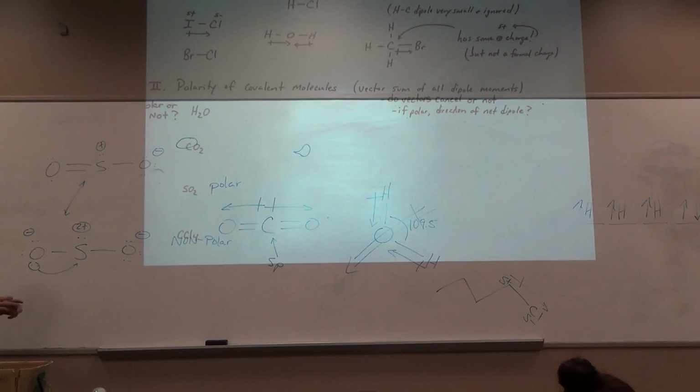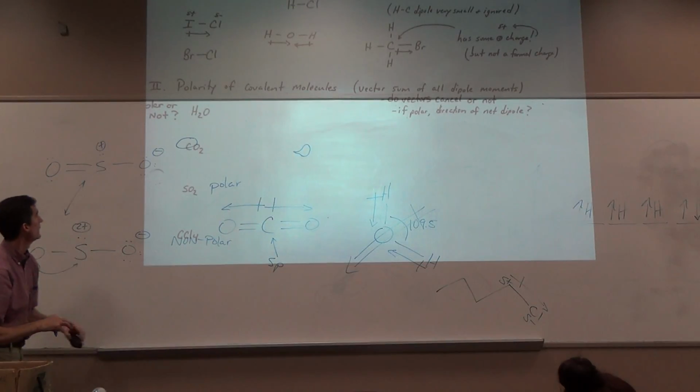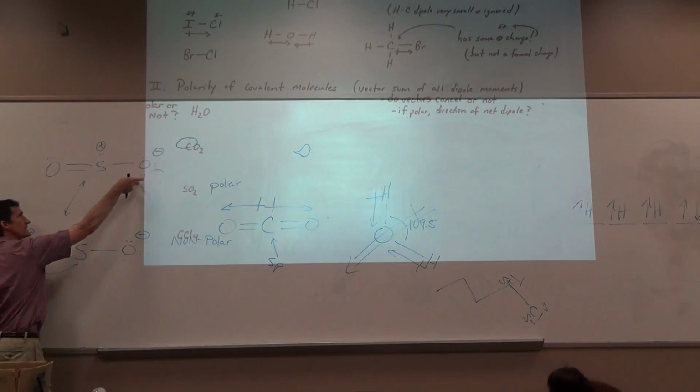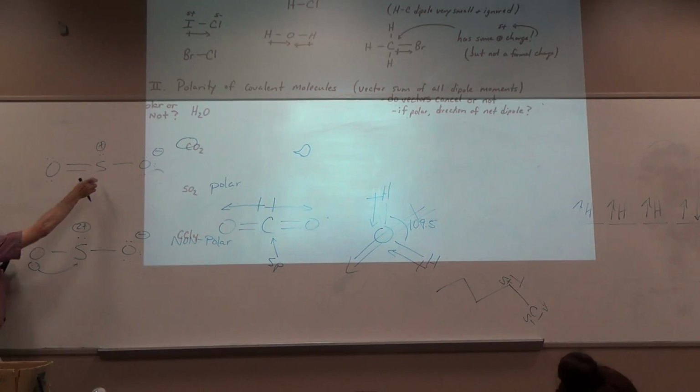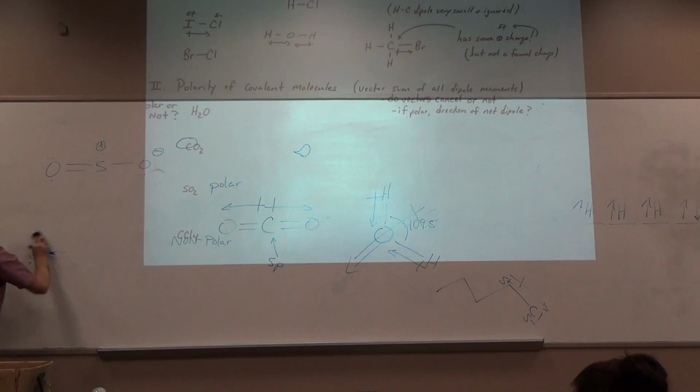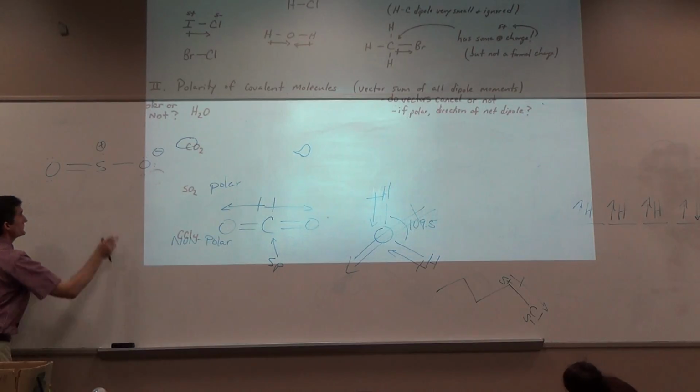If we just work with that structure at the top, what type of geometry do we expect with that sulfur? Now we could move this in again and expand that octet, but let's stick with just 2, 4, 6, 8 around the sulfur. So if we get to that point, what type of geometry around the sulfur?